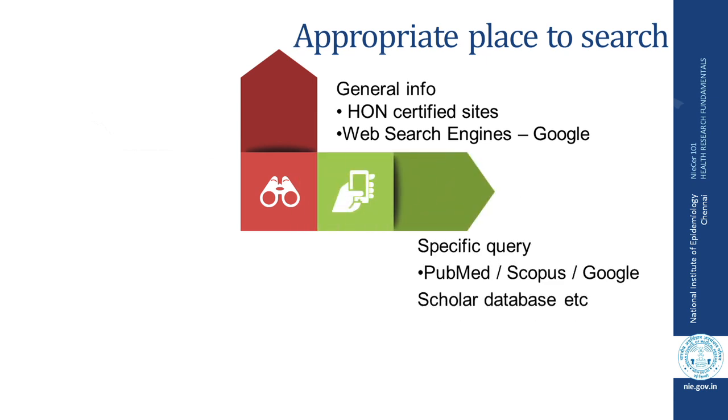So, when you want to retrieve specific information, for example, all clinical trials about diagnostic tests on tuberculosis, this specific query has to happen over a specific scientific database, such as PubMed, which is a huge database of biomedical citations.